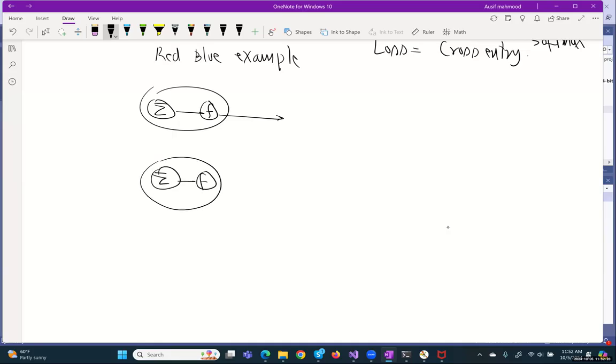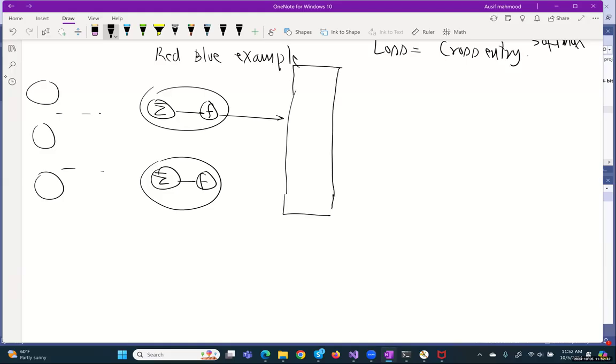Okay, and there are some neurons in the previous layer. Remember, we had 3 neurons over here. We won't worry about those. Our goal is that over here is our loss function, and this is our cross entropy.